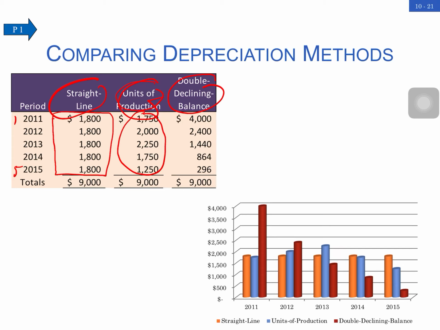But if you use double declining balance method, your depreciation will be very high at year 1, but very small at the final year. Okay, it depends on your purpose. But once you choose one method, you cannot change it anytime you want. You should be consistent with the method. Okay.